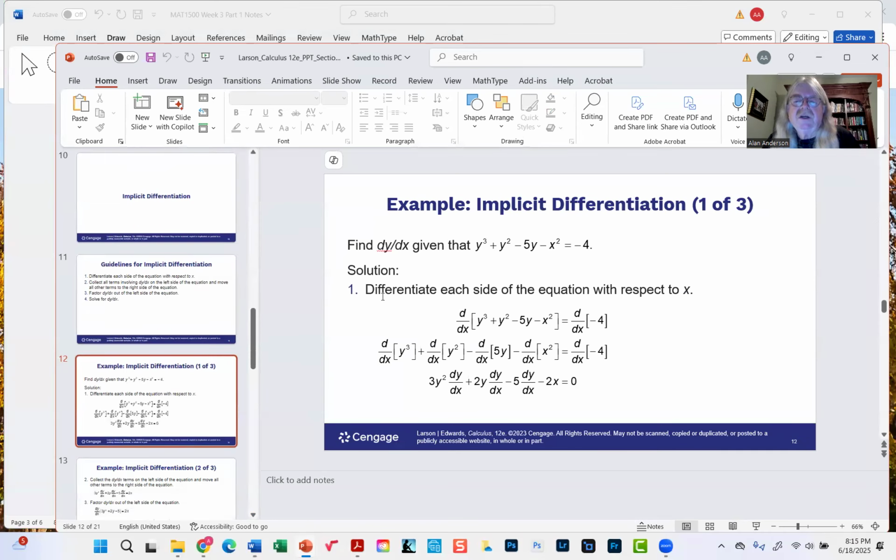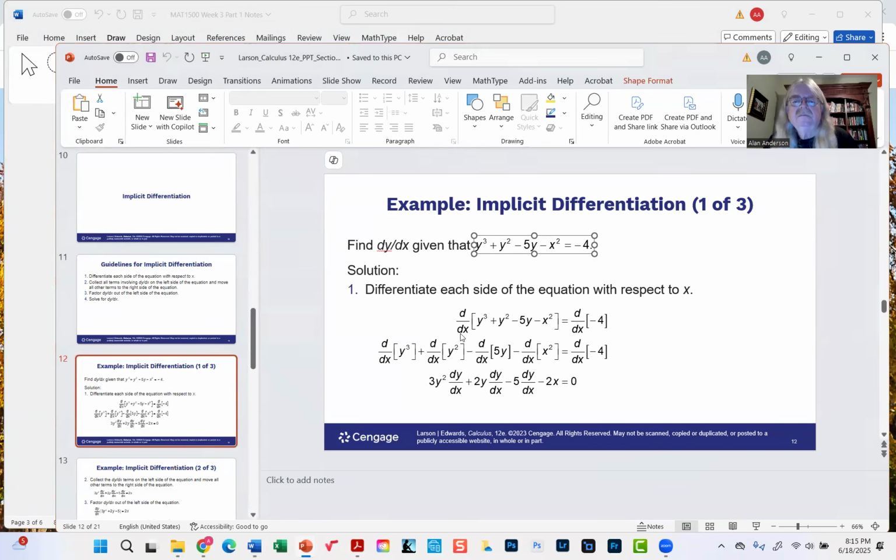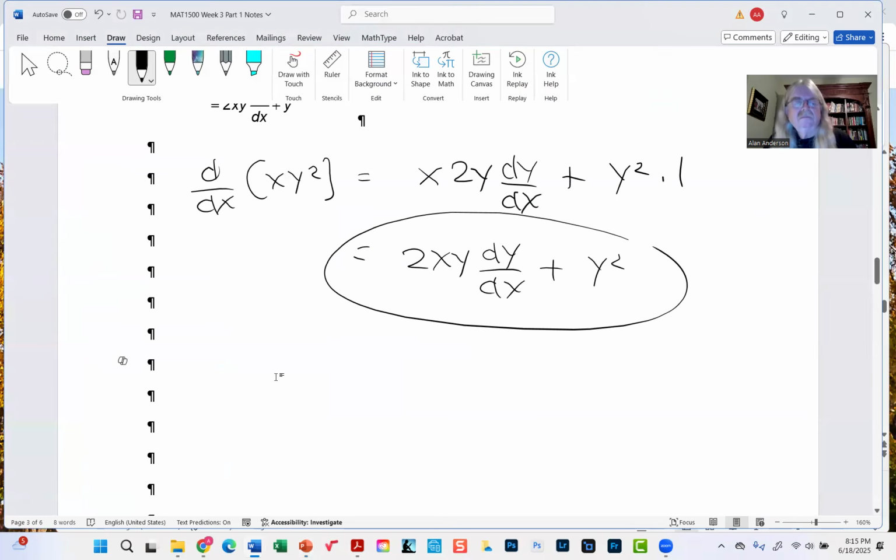So here we go. We have y cubed plus y squared minus 5y minus x squared equals -4. So imagine trying to split that up into y's on one side and x's on the other.